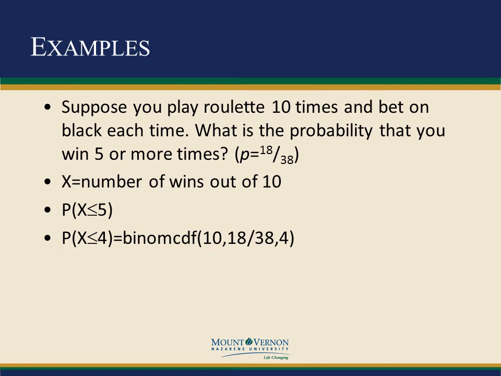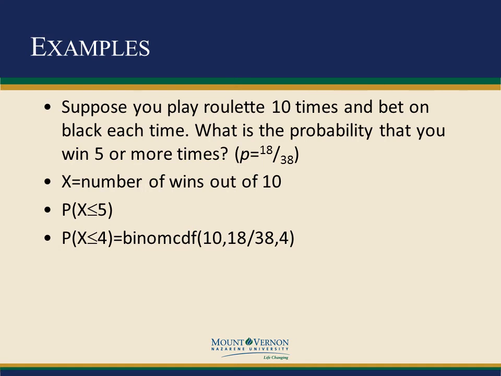If you're still not convinced of that, write down the numbers from 0 to 10 and circle the numbers that we're interested in. We're interested in 5, 6, 7, 8, 9, and 10. The leftovers will be 0, 1, 2, 3, and 4, which is exactly what I'm going to get when I compute the probability that x is less than or equal to 4. Once you realize that, the rest of the calculations are easy enough.